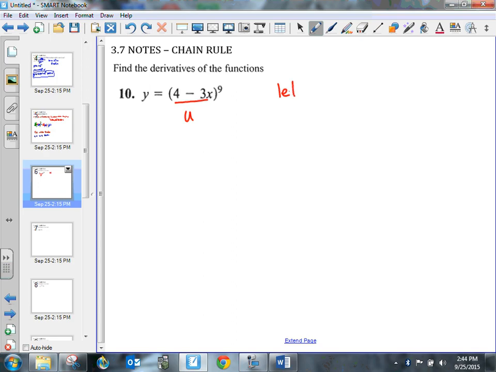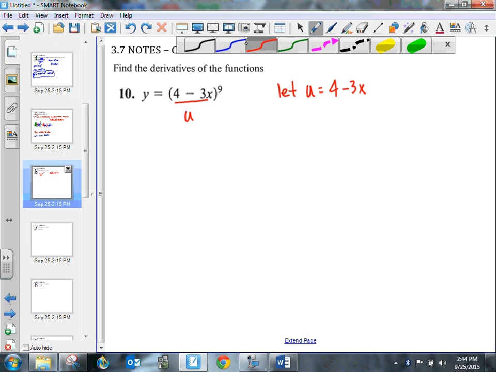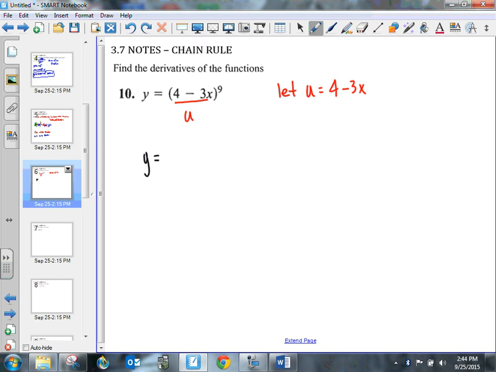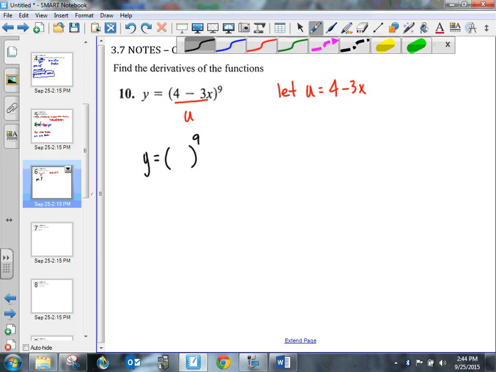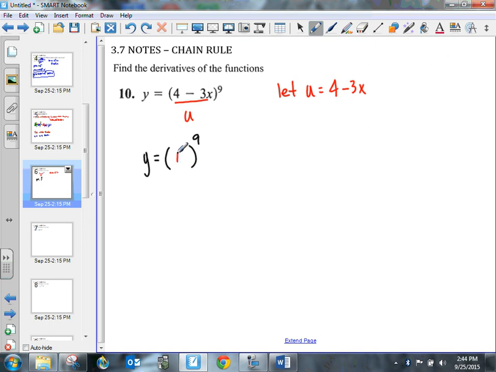So if I let u equal 4 minus 3x, then I want to rewrite my original function as y equals some quantity to the ninth. That's the idea: you see some quantity to the ninth, and I put my u on the inside.